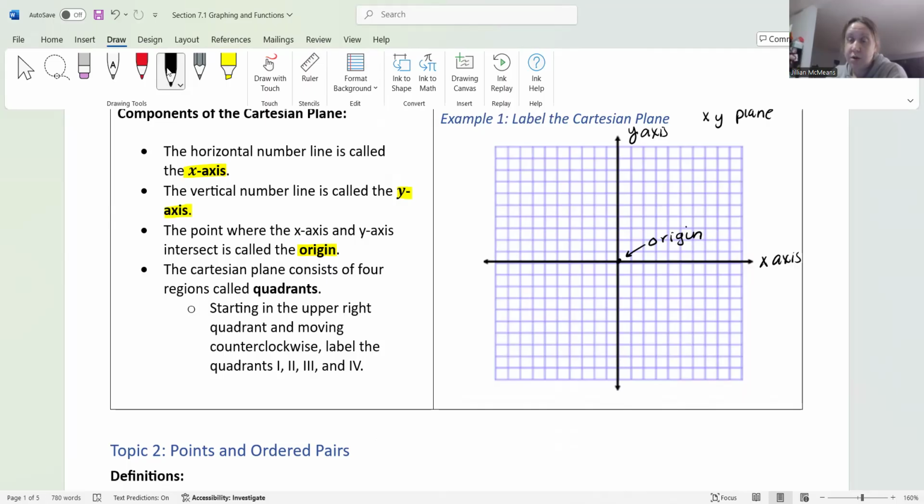we label the quadrants 1, 2, 3, and 4. Now, we do typically use Roman numerals. I'm probably older than most of you, and when I was a kid, we learned about Roman numerals in class. I don't have time for a deep lecture, but if you have what looks like a capital I, that stands for 1. If you put two of those side by side, that would be 2. Three of them side by side would be 3.